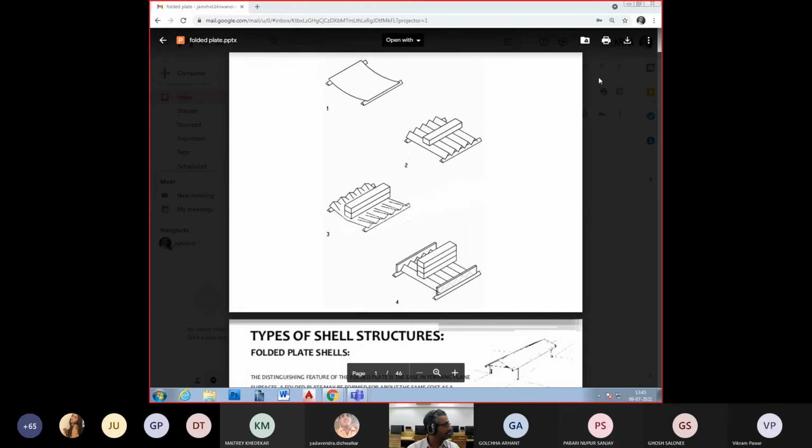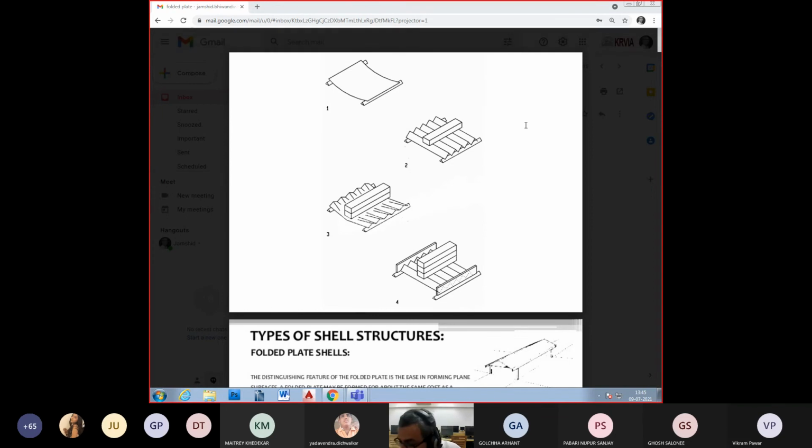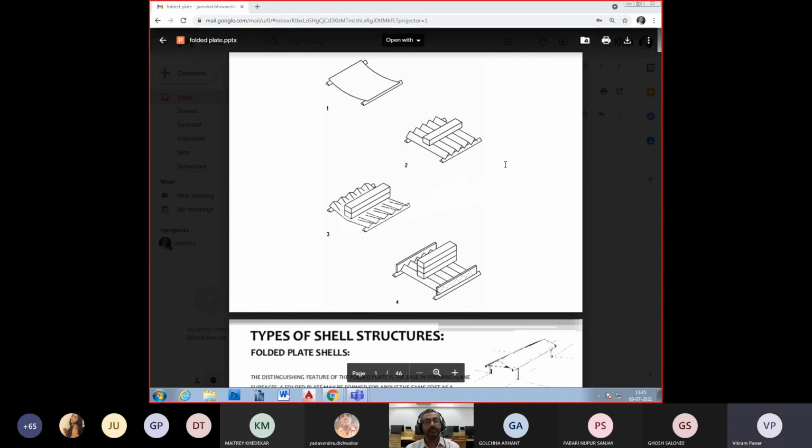But beyond that, today we'll get into another very interesting one, one of my favorite topics: folded plate. And I think this first set of diagrams explains what we are talking about.